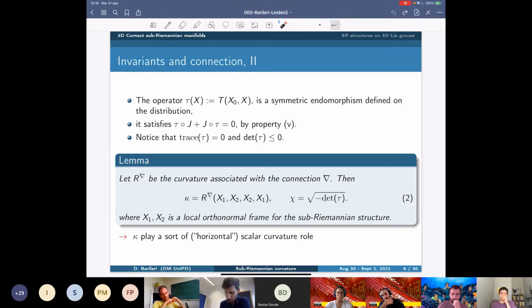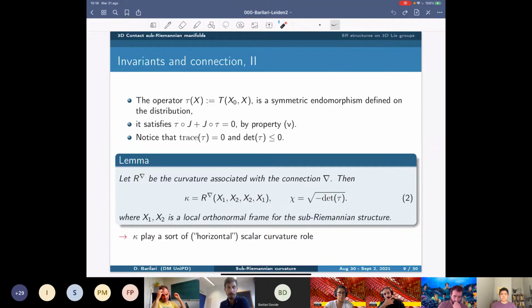So you will not be surprised if I say that the trace of this operator is 0 and the determinant is negative. This is related to the operator we have discussed before, because if we take the curvature associated with the connection nabla, then the kappa here appears as a kind of sectional curvature along the distribution associated with this connection, and the tau, so the square root of minus determinant of tau, is just our invariant chi.